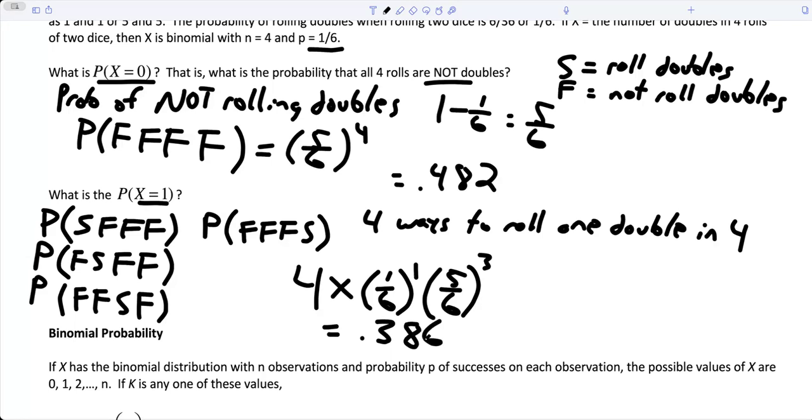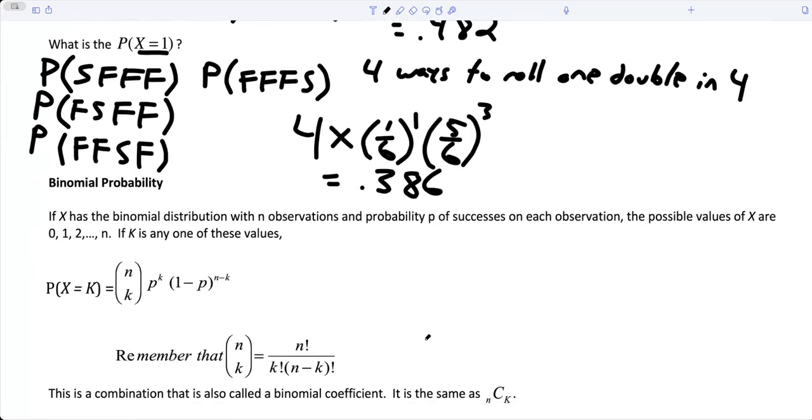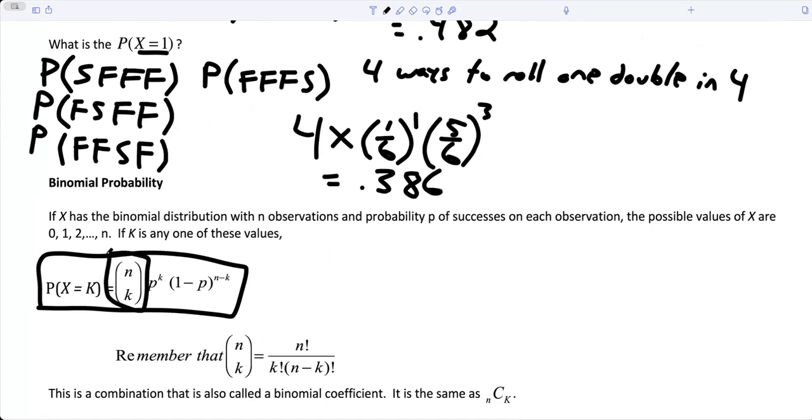Okay, and so this is the formula for a binomial distribution, where this part right here is defined as n factorial over k factorial times n minus k factorial.